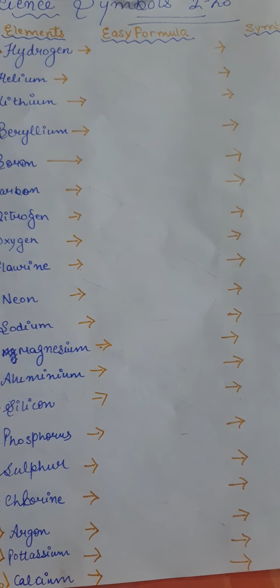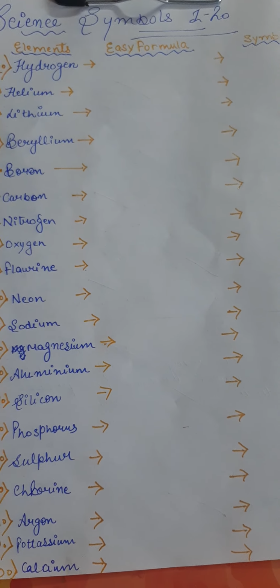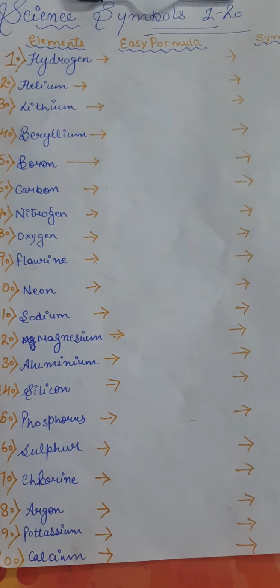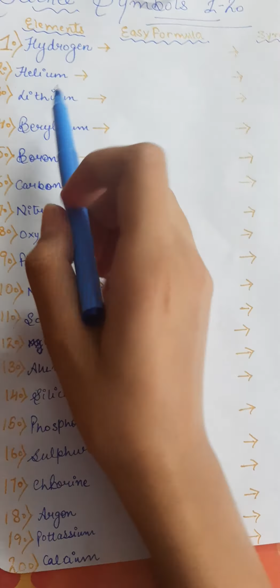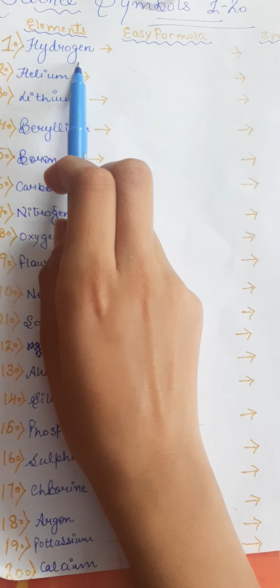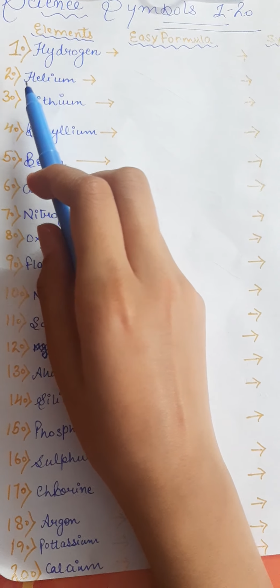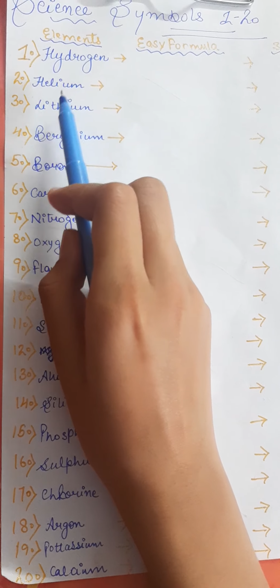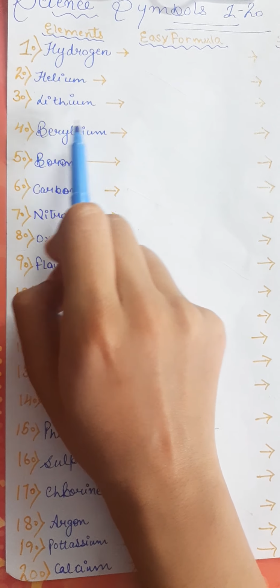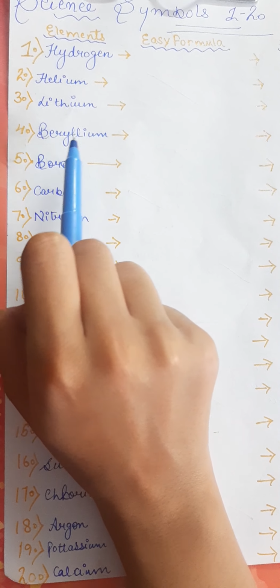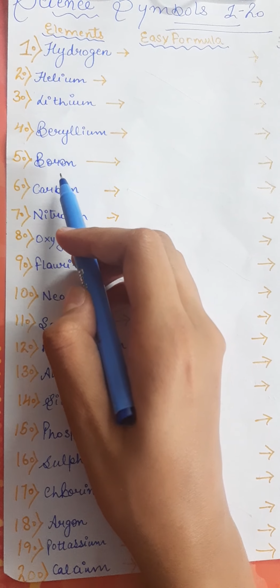So let's start with the first element. Our first element is hydrogen. Next is helium. Third is lithium. Fourth is beryllium. Fifth, boron.